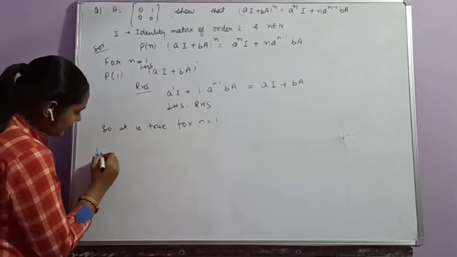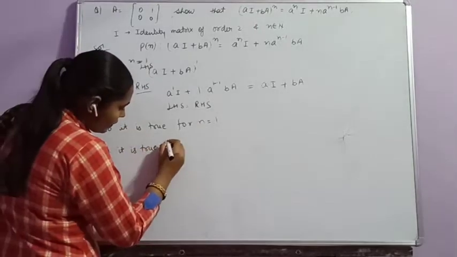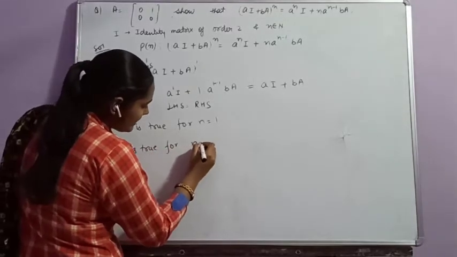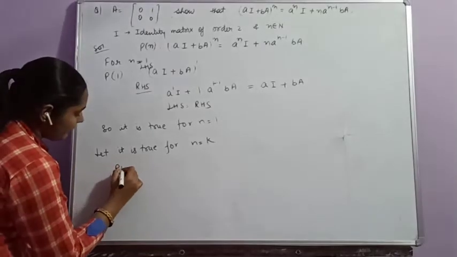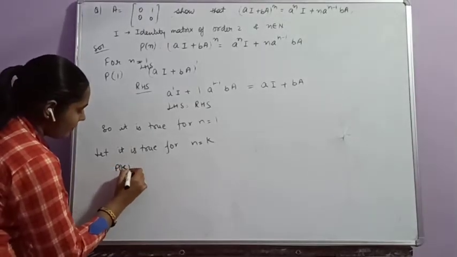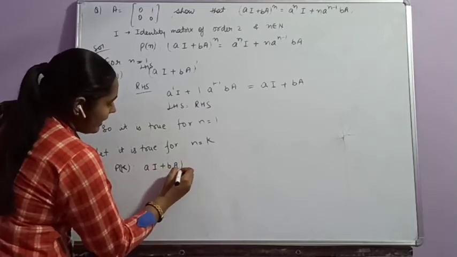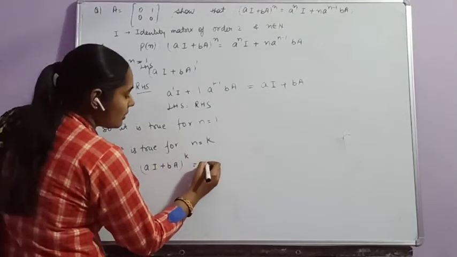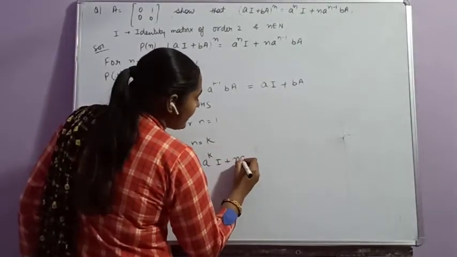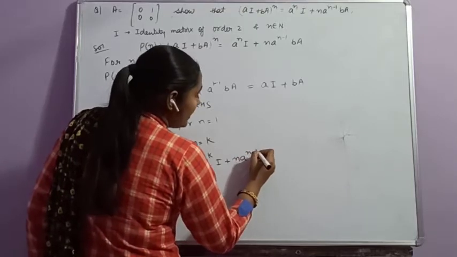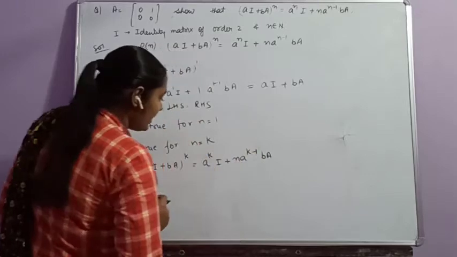Now let it be true for n equal to k. If it is true for k, then P(k) is such that (aI + bA) whole raised to the power n, with n replaced by k, is equal to a^k into I plus n a raised to the power n minus 1 into bA, with n replaced by k, so it will be k minus 1.